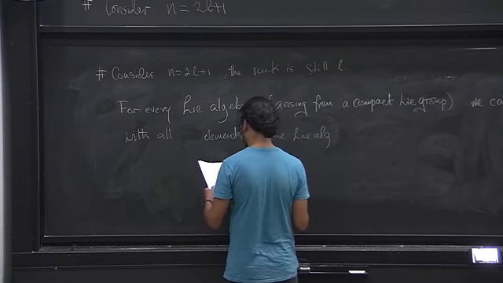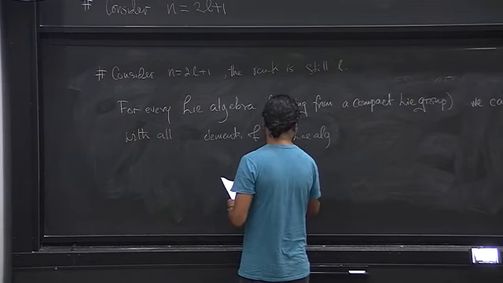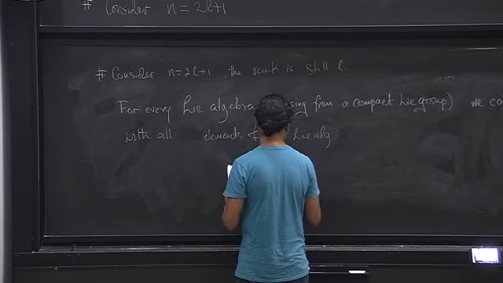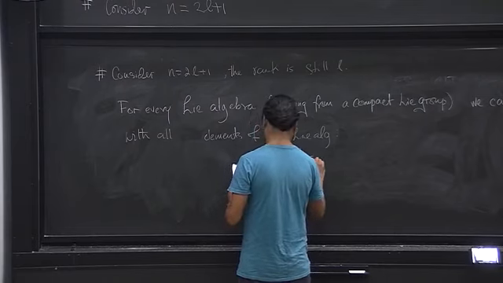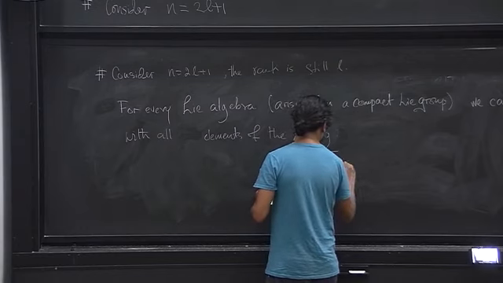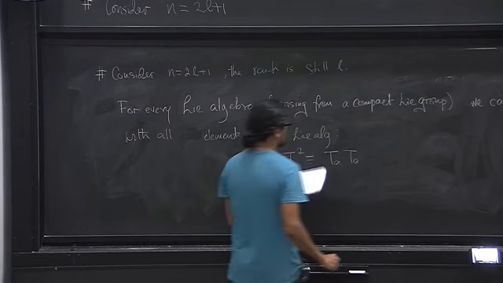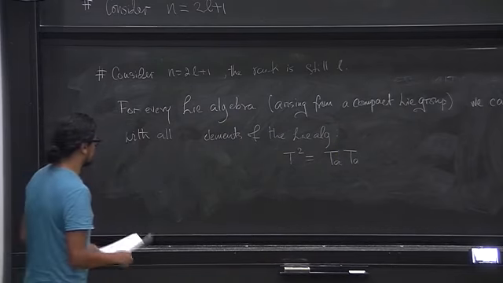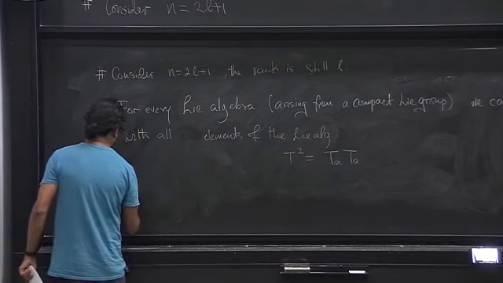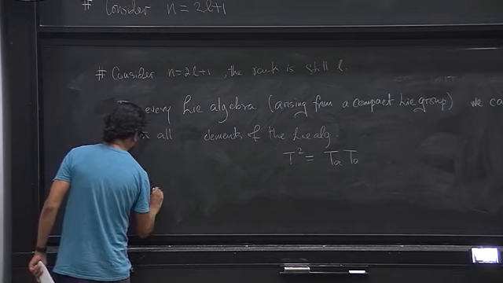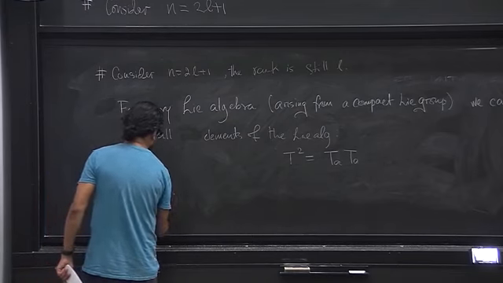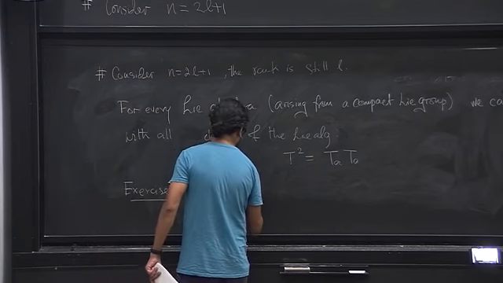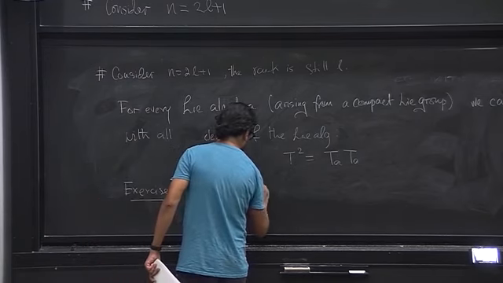So the Casimir is defined as a sum over all the elements of the Lie algebra. Now, I leave it as an exercise, it's a couple of lines, to show that this thing commutes with all the elements.